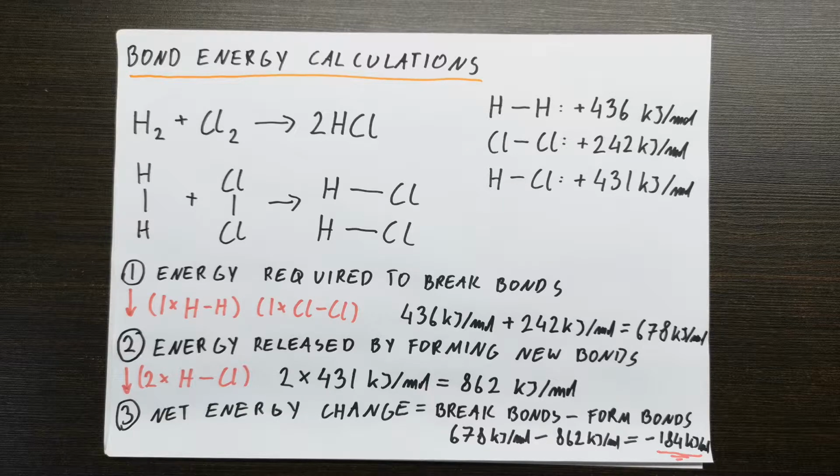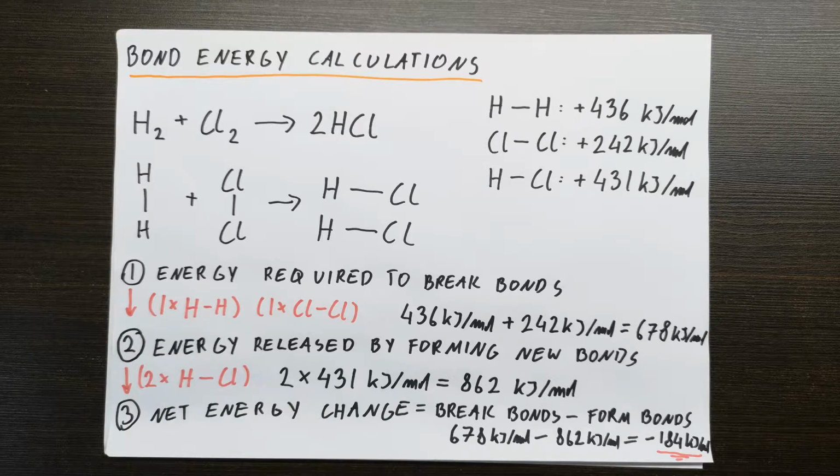However, what does that mean? We actually ended up with a negative value. And what does it mean in this context? So let's go back. When we have energy required to break bonds, we put in 678 kilojoules per mole. And we have gained from this reaction 862 kilojoules per mole.